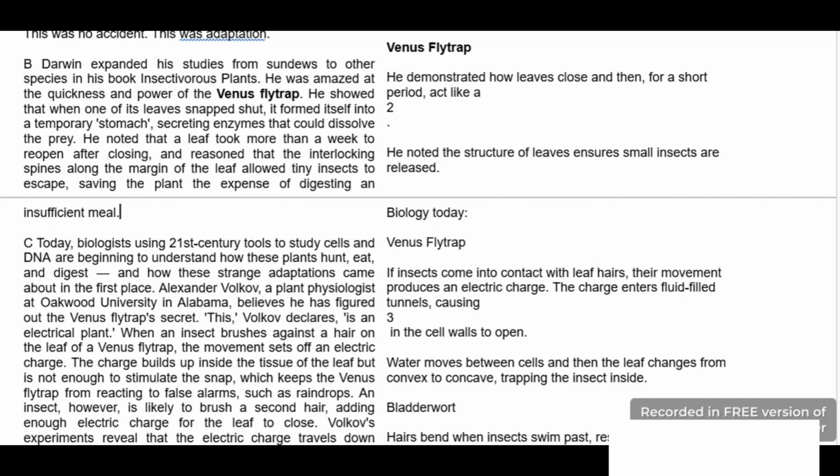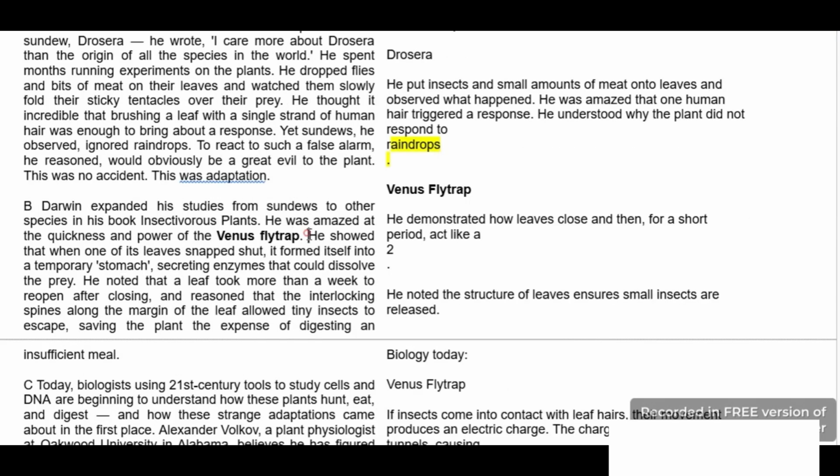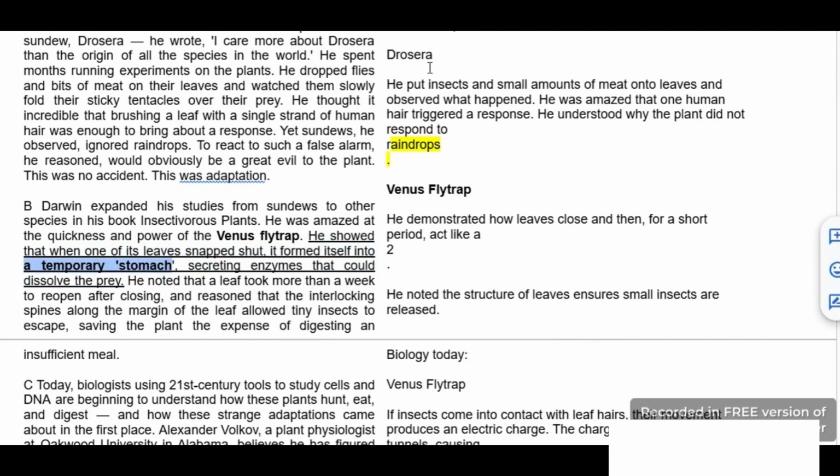So our question: he demonstrated how leaves close and then, for a short time, act like what? He showed that when one of the leaves snapped shut, it formed itself into a temporary stomach, secreting enzymes that dissolve the prey. So the answer is here. The question is asking what leaves act like after closing. The text literally says a temporary stomach.